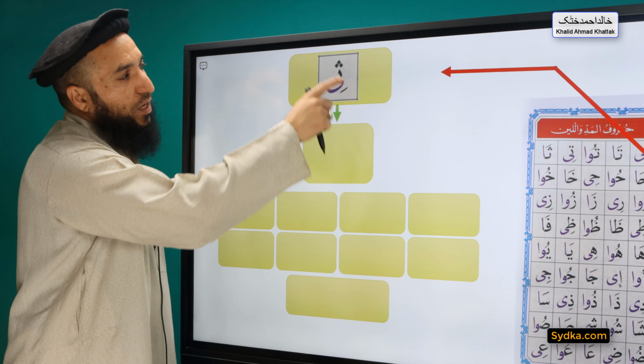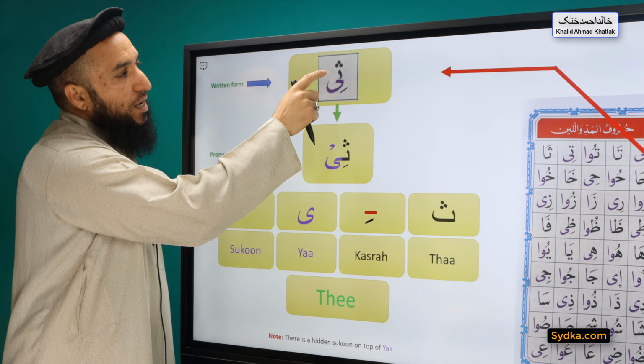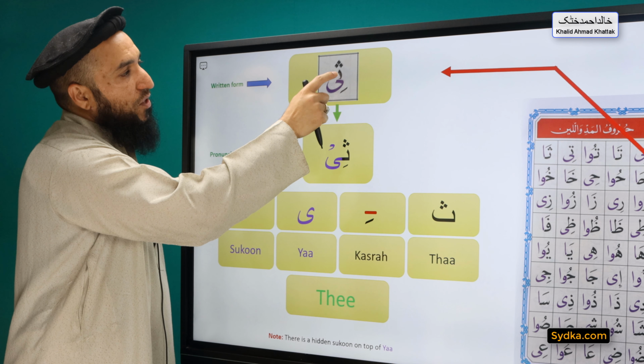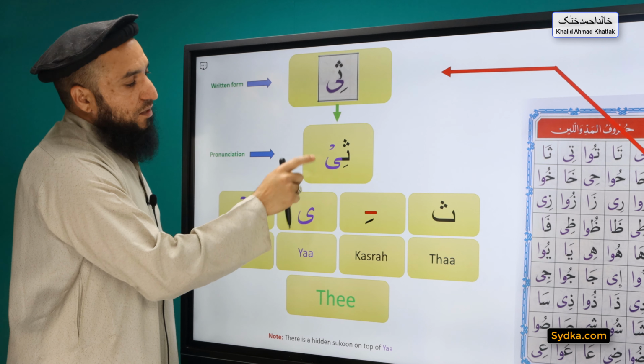The next syllable we have is tha kasra ya sukoon. This is the written form, tha kasra ya sukoon thi, and this is the pronunciation.